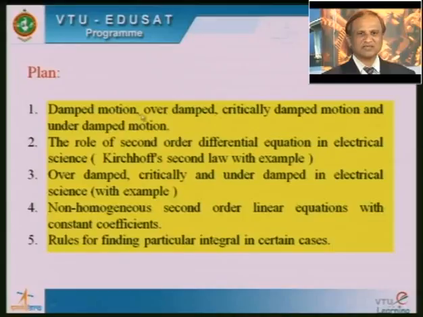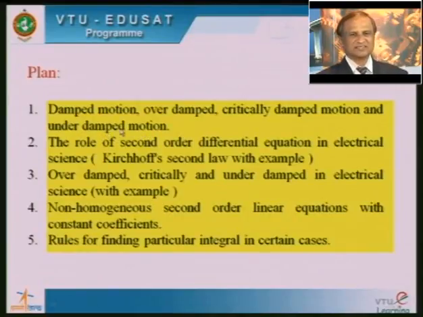What do you mean by over damped? Sometimes we call it critically damped, or critically damped motion. Sometimes we may call it under damped motion. Is it clear? So we are going to find the relationship between beta and k.